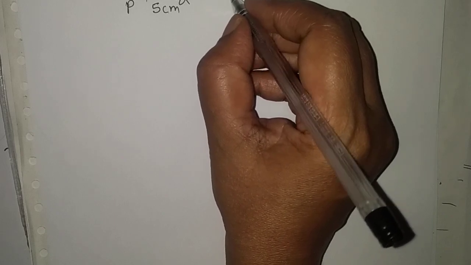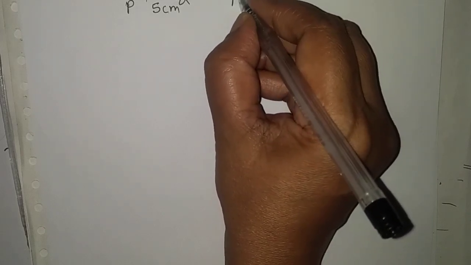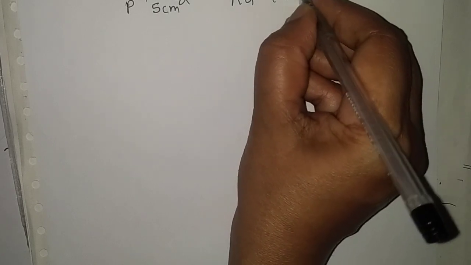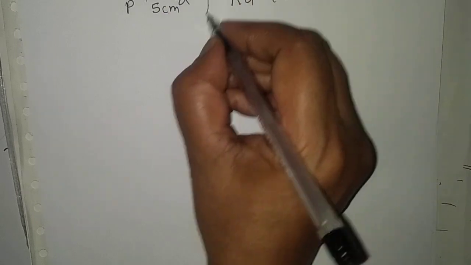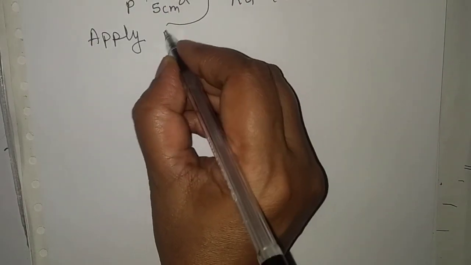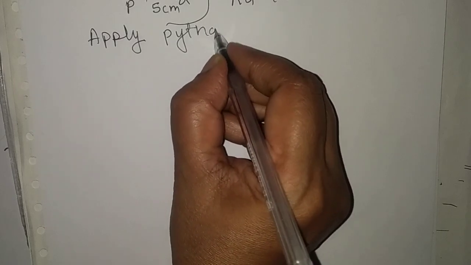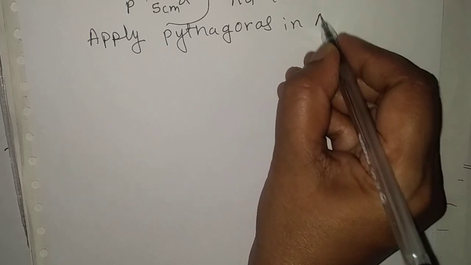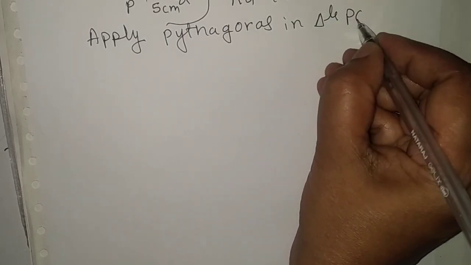Now applying Pythagoras theorem, we get RQ square plus PQ square is equal to PR square. Here one statement: apply Pythagoras theorem in the triangle PQR.